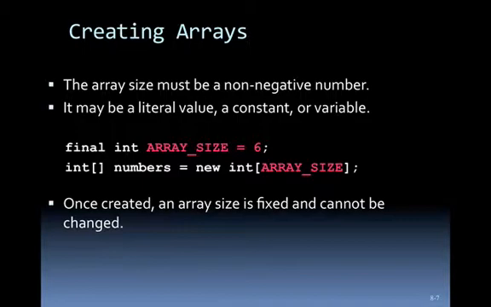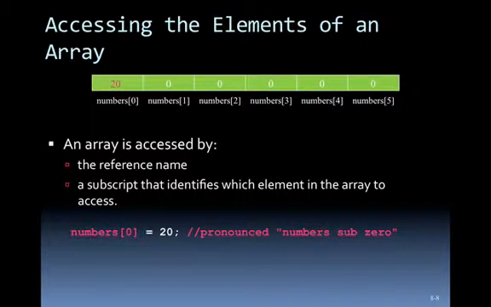We're setting it to the value of 6, and we're substituting the constant variable name array size instead of the number 6, and that's fine. The thing that you need to know about creating arrays, though, is once you have decided how many items you want to store, you're not going to be able to change that. Array sizes are fixed and can't be changed once they're declared.